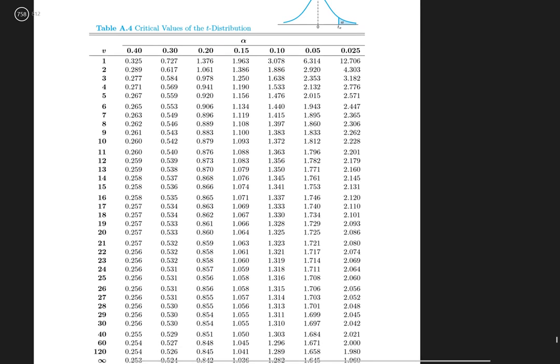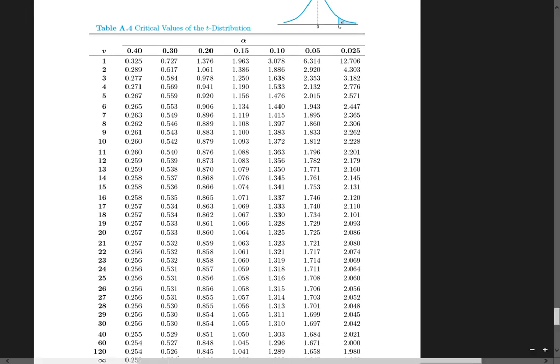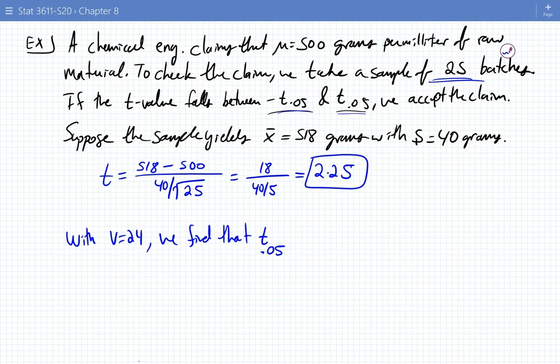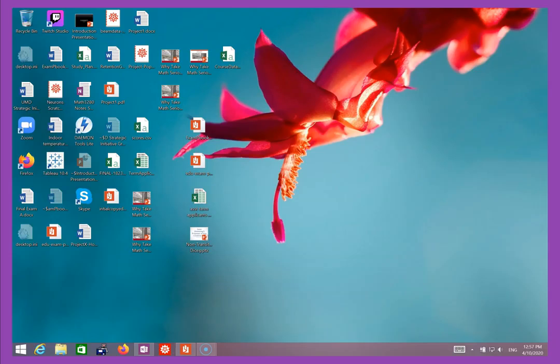That's the second to last column. What is our degrees of freedom? 14. So we go down to 14. That would be 1.761. Is that right? 24 degrees of freedom?